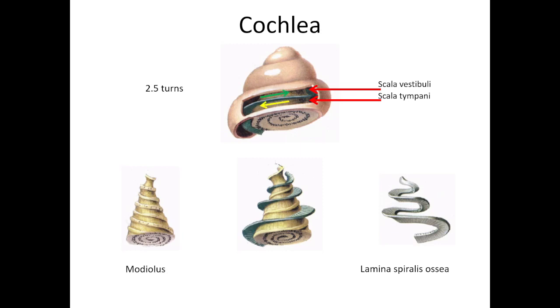These green and yellow arrows demonstrate the pathways, directions for the fluid which is inside of it. So in Scala vestibuli, the fluid moves in the superior direction, and in Scala tympani, it moves in the inferior direction.